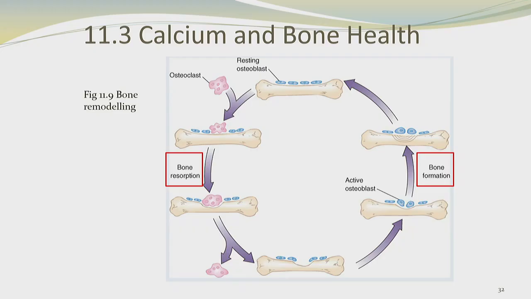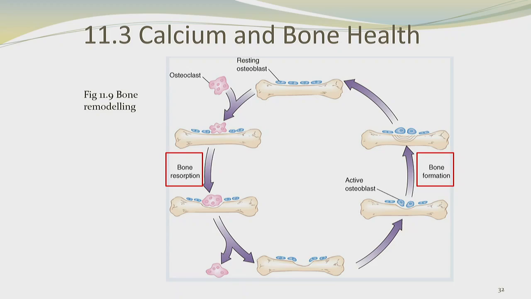Here we see how bone remodeling happens. This graphic shows key features of bone metabolism. In response to stress put on our bone during normal active living, bones undergo formation and breakdown.